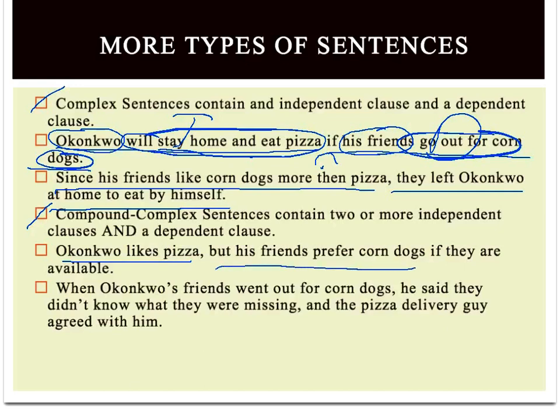But his friends prefer corn dogs. That's another independent clause, right? It's got the subject, his friends, right? The predicate, prefer corn dogs, right? And if you made it its own sentence, it would make sense. His friends prefer corn dogs. So that is an independent clause. But this sentence, because it's a compound complex sentence, also includes the dependent clause if they are available, right?